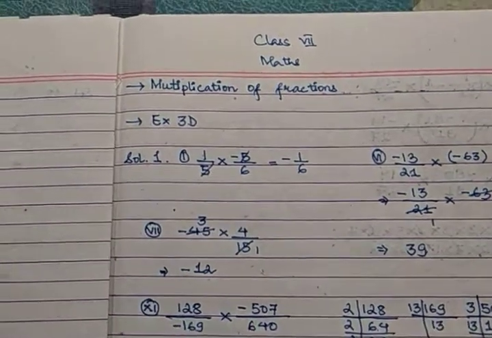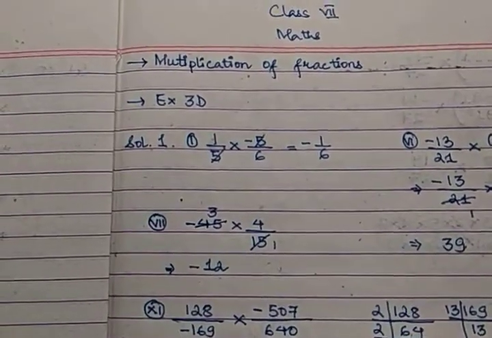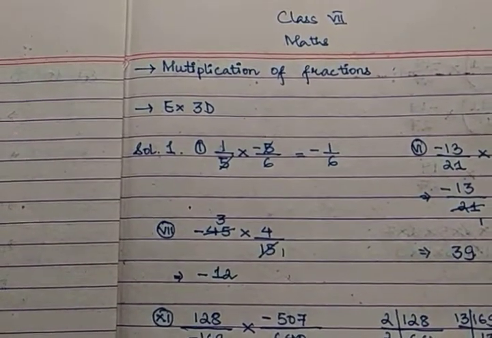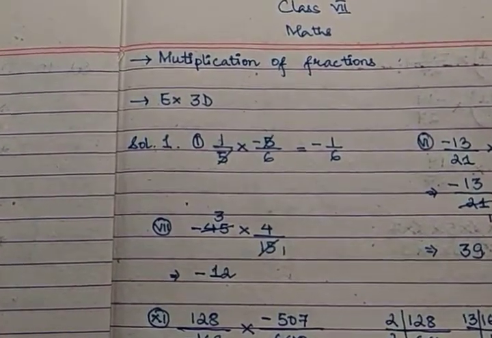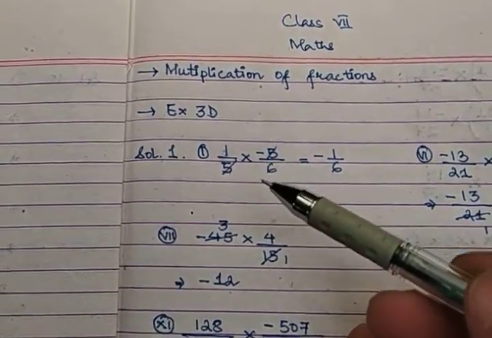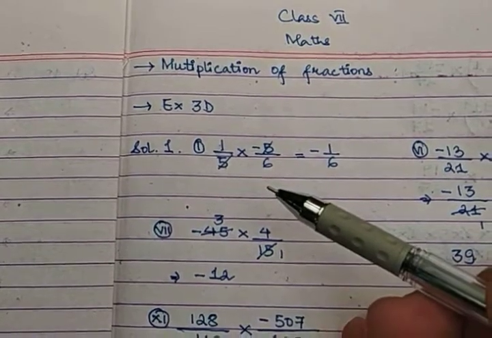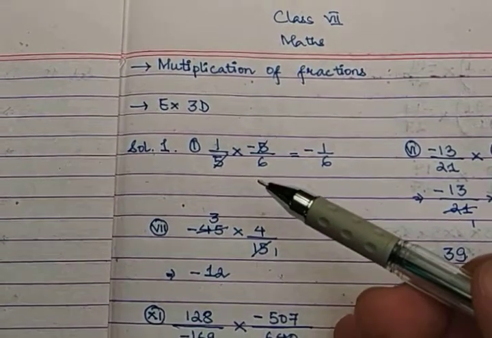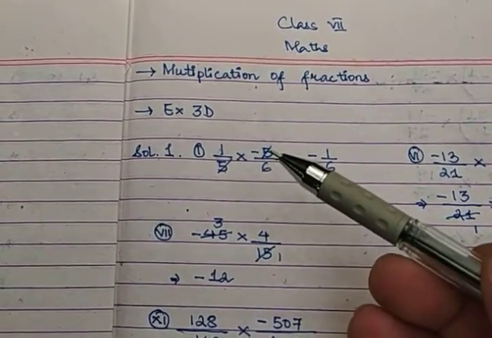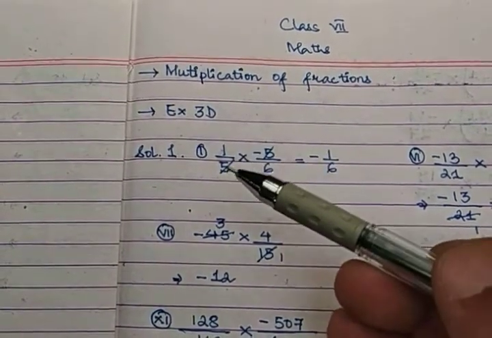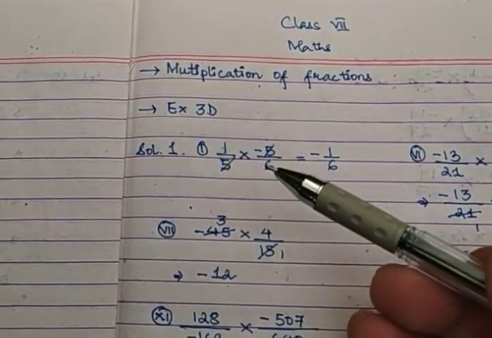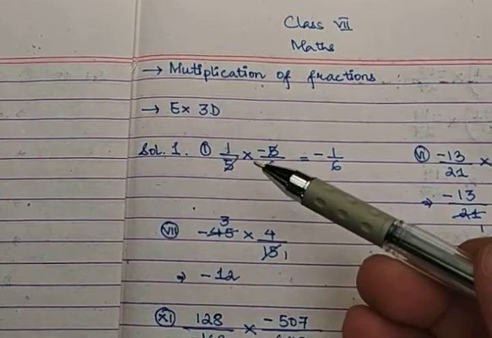The first sum regarding multiplication of fractions is from exercise 3D, question number 1, where we have 1 divided by 5 into minus 5 divided by 6. What is the main important thing you need to know is that the numerator and the denominator can be cancelled with similar fractions or the fractions opposite to one another, that is with the multiplication sign.